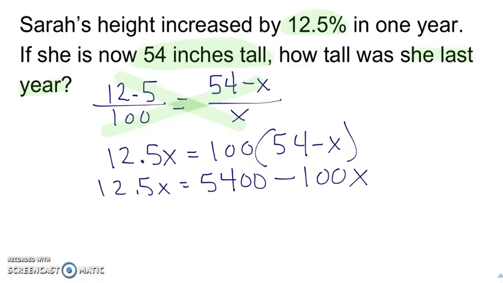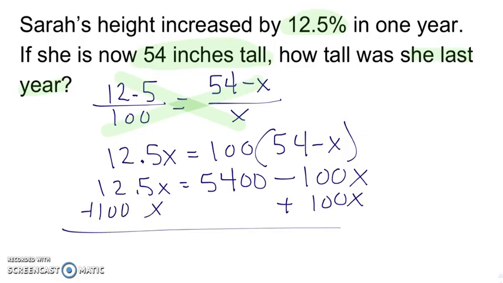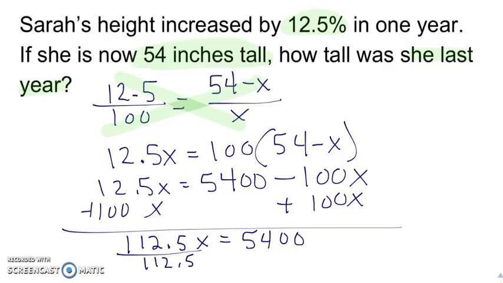To solve the equation, we need to isolate the variable here. So we're going to add 100x, which gives us 112.5x is equal to 5,400. Divide both sides by 112.5.